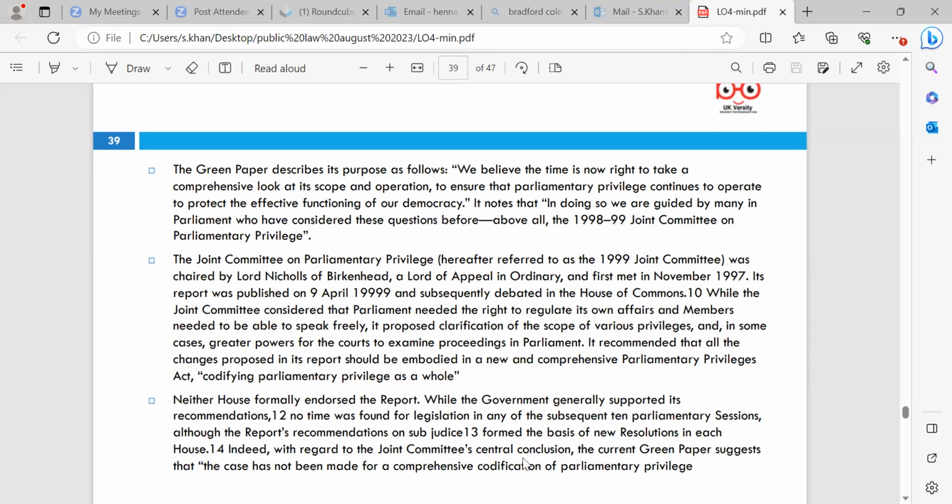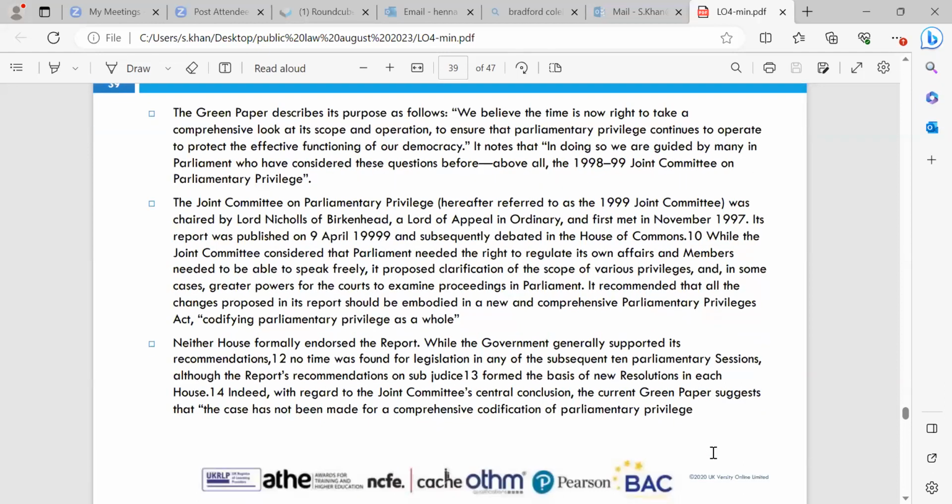While the government generally supported its recommendations, no time was found for legislation in any of the subsequent 10 parliamentary sessions, although the report's recommendations on sub judice formed the basis of new resolutions in each House. Indeed, with regard to the Joint Committee's central conclusion, the current Green Paper suggests that the case was not being made for a comprehensive codification of parliamentary privilege.